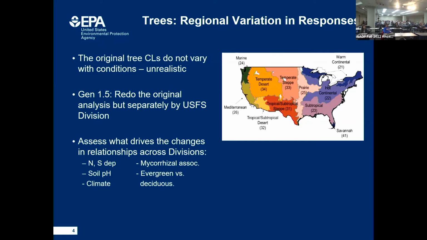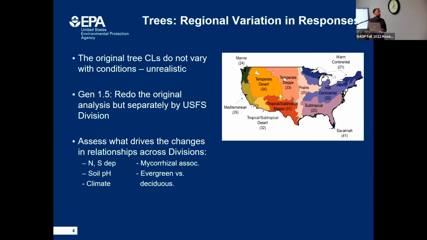And so as a first cut, we wanted to take the existing data set that we had, which was originally analyzed at the level of the CONUS, and break it up into these 12 or 15 Forest Service ecoregions to see, for a species that's widely distributed, do we actually detect a different critical load or even an entirely different relationship?